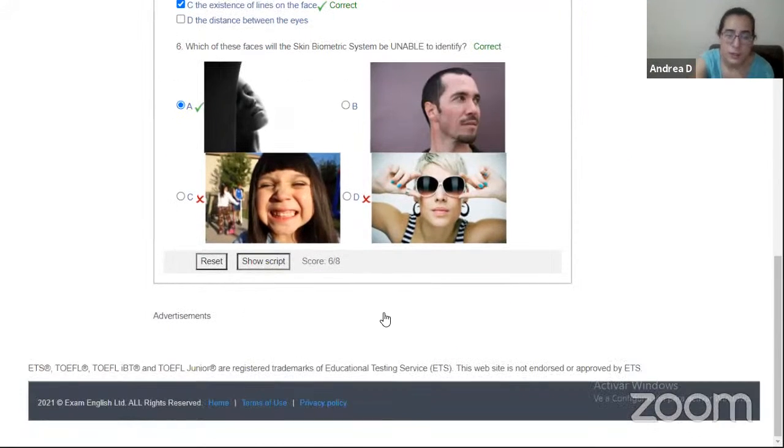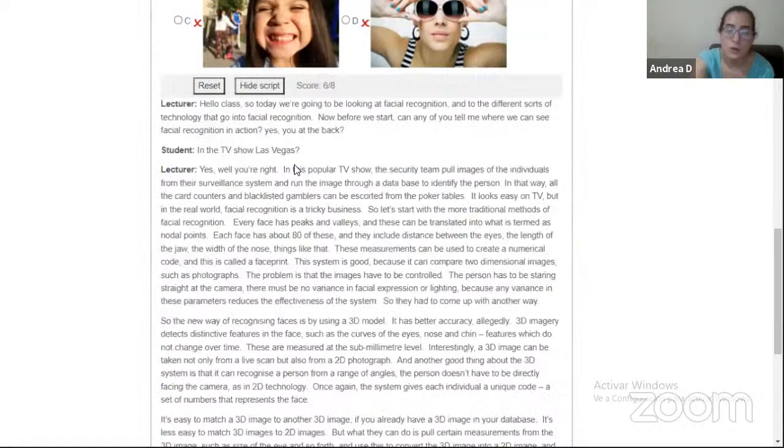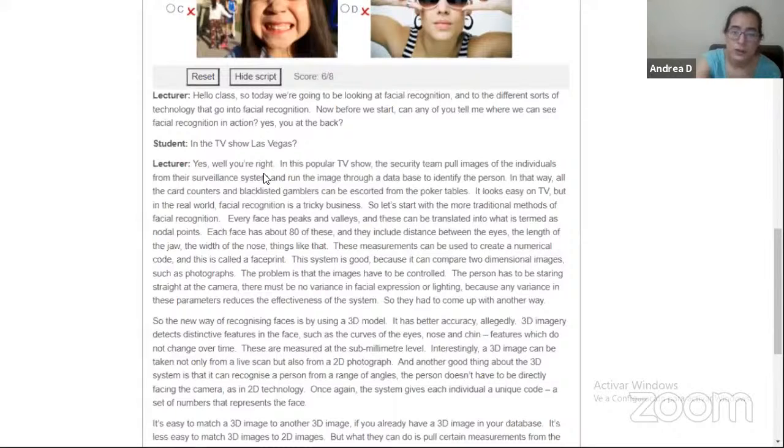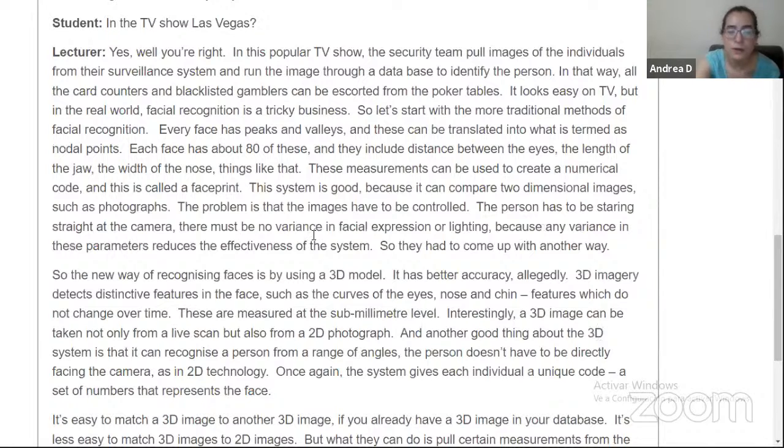If we look at the transcript, you have some hints, okay? You have some red flags that allow you to know how everything goes. For example, we're looking at facial recognition and the different sources of technology that go into it. I think this is the first one, the 2D technology. Then you have, the new way of recognizing faces is using a 3D model.